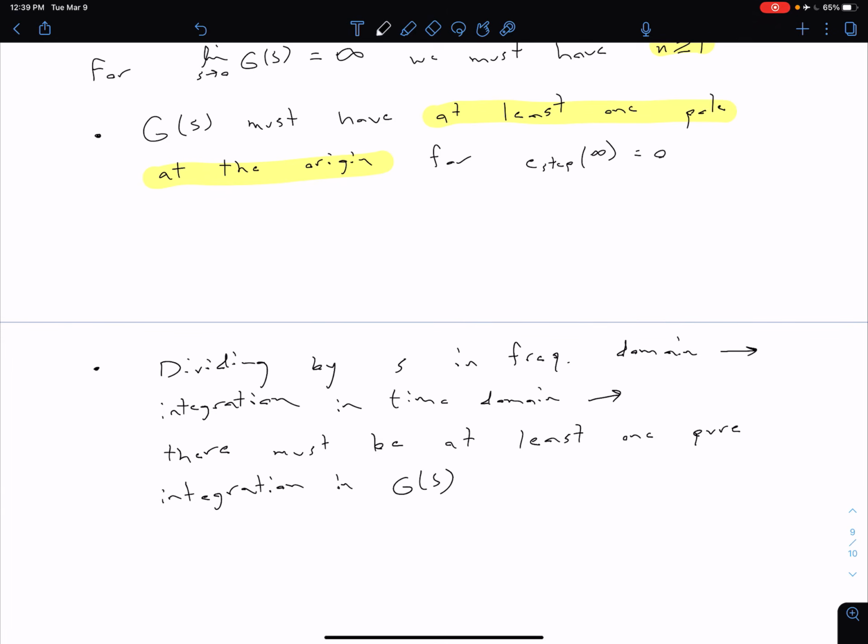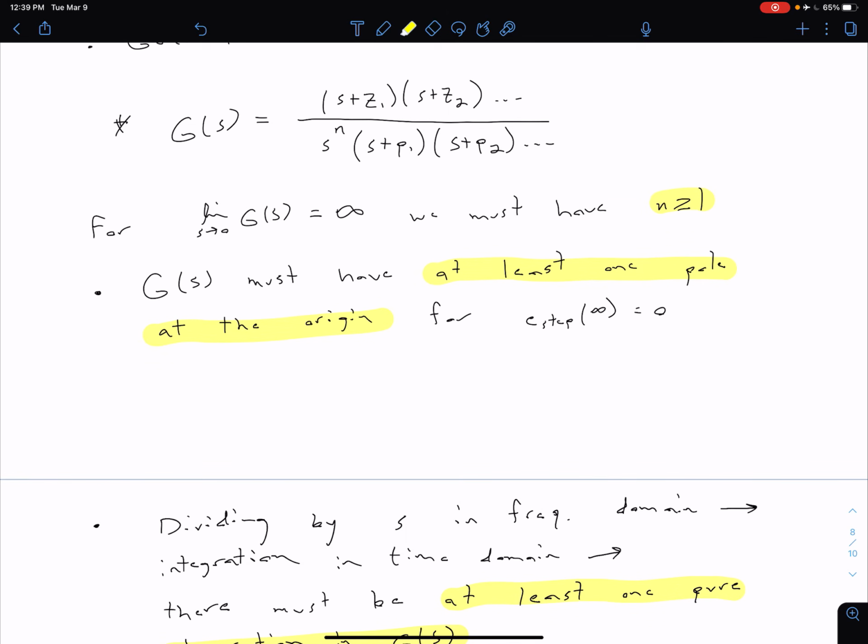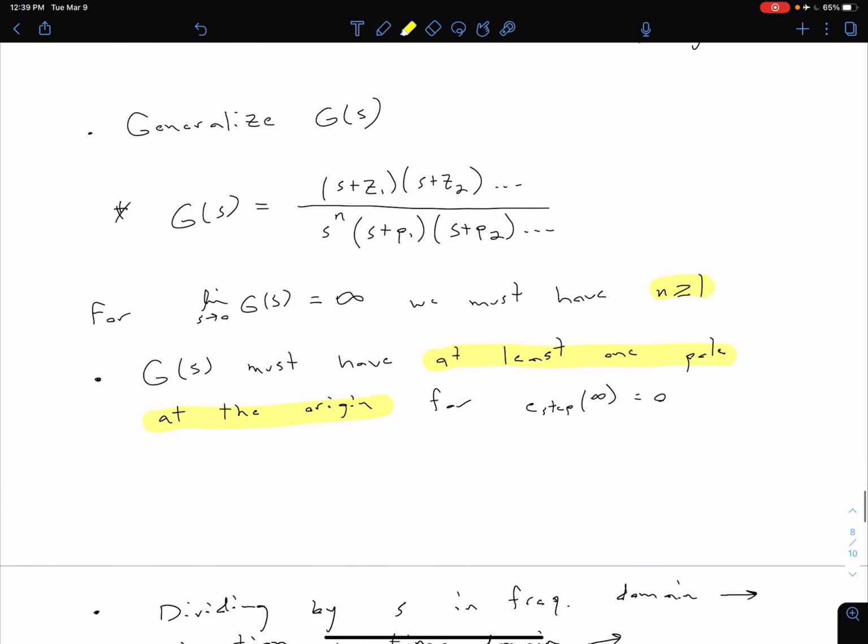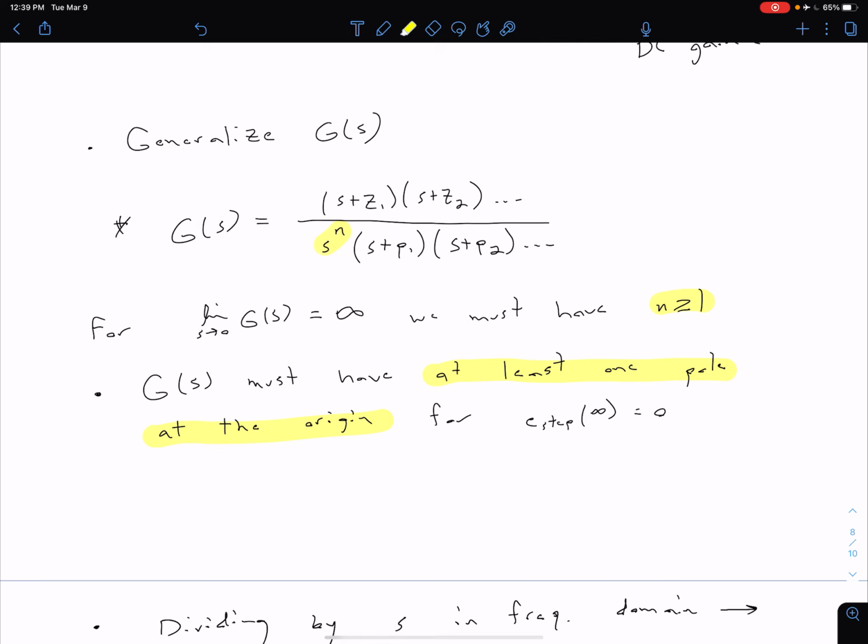Again, all three of these things are saying the same thing: at least one pure integration in G of s is the same as needing at least one pole of G of s at the origin, which is the same as n having to be greater than or equal to 1 with this general G of s equation. So three different ways of saying the same thing.